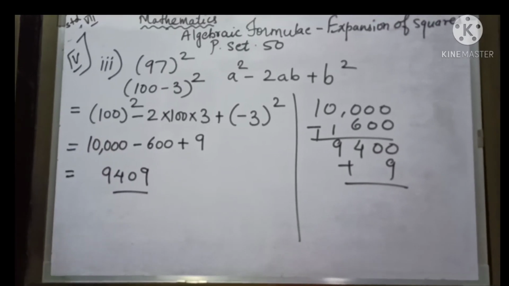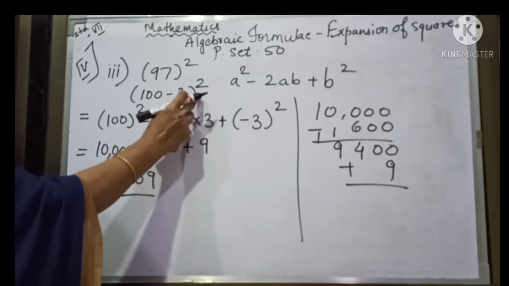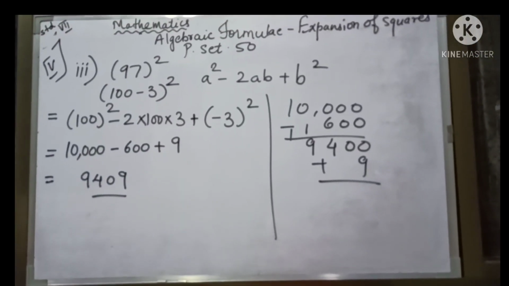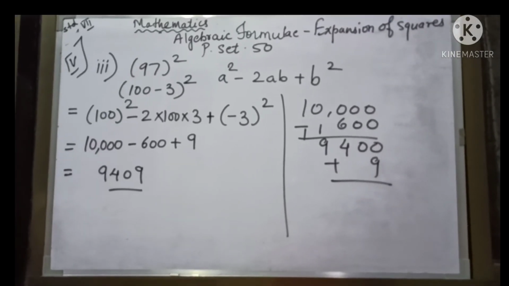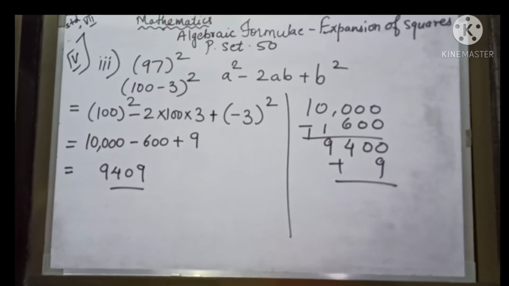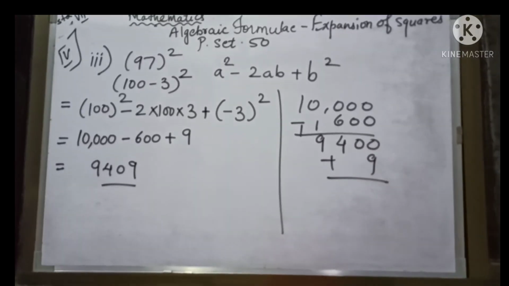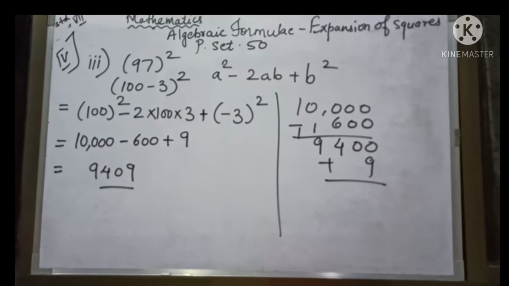So this is the value of the bracket (100 minus 3) square. All these sums which we have solved in this video, you have to solve in the classwork, along with the sums which we have not solved. So this whole exercise you have to complete in the classwork.